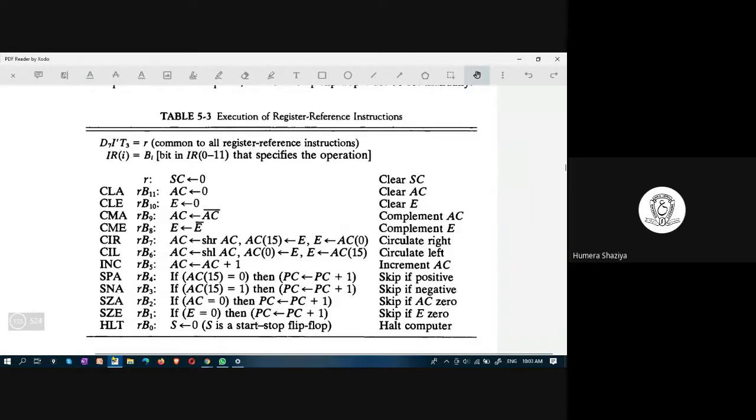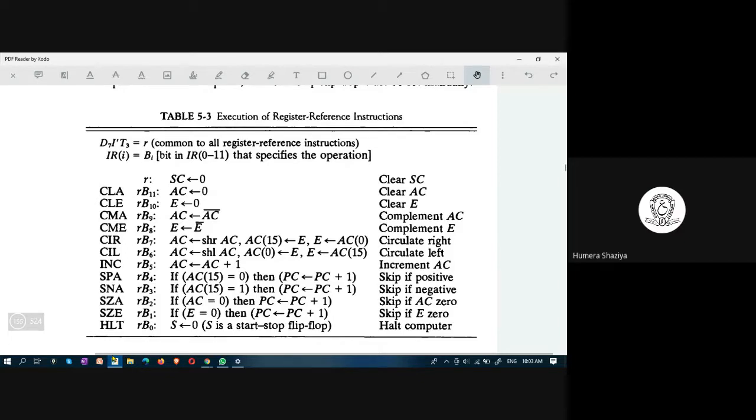Please remember this: AC is an accumulator, and E is the flip-flop that is connected to AC. CME means complement E. What is CMA? Complement accumulator. Yes, very good.